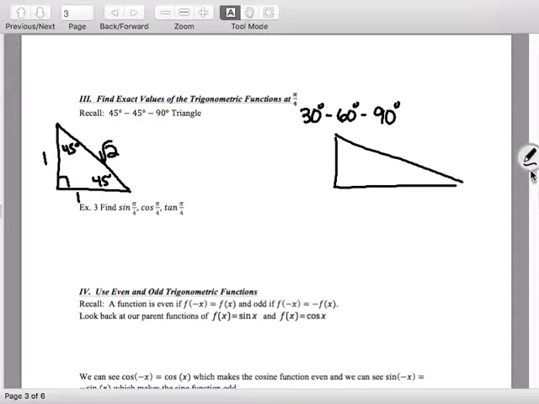In a 30-60 right triangle, across from 30 is 1, the hypotenuse is 2, and across from 60 degrees is radical 3. This is some geometry review. I know we looked at it again last year in Algebra 2, so this is 3 years on your special right triangles.